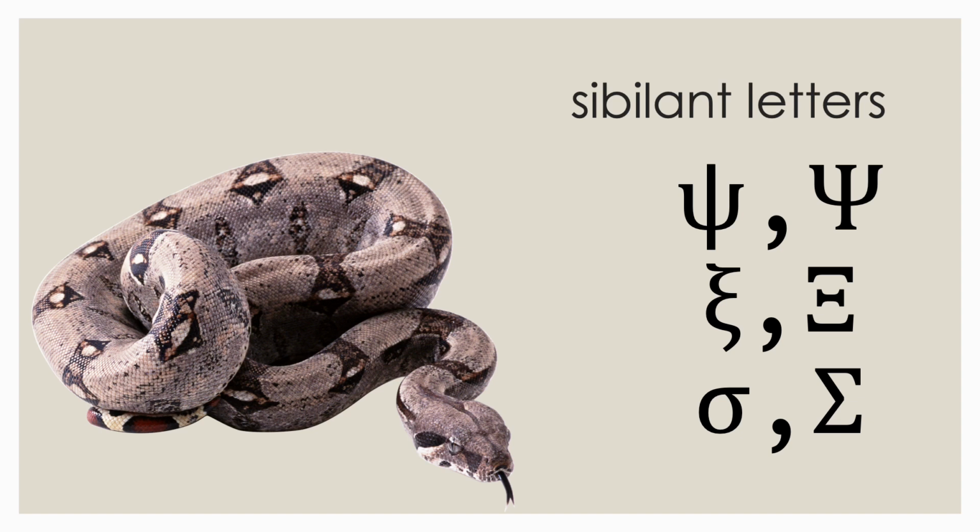It is also important to remember the sibilant letters. Sibilant is something that comes with an S, a hiss-like sound, like a snake. In Greek, a sign of the future or aorist tense is when this S sound comes in at the start of the suffix, the word ending.